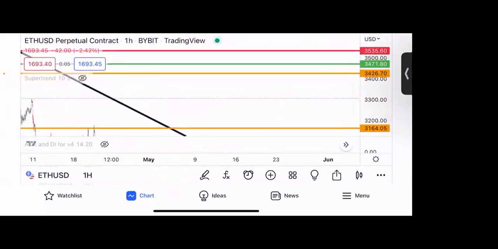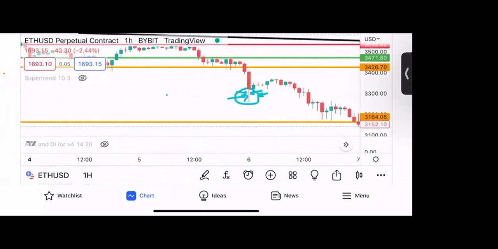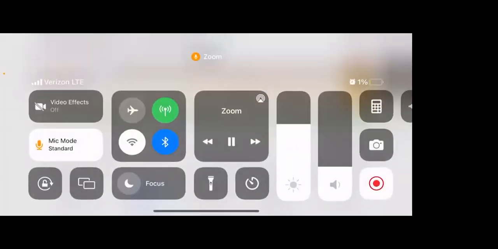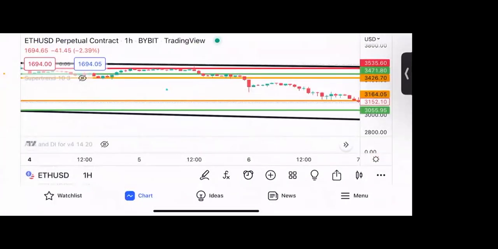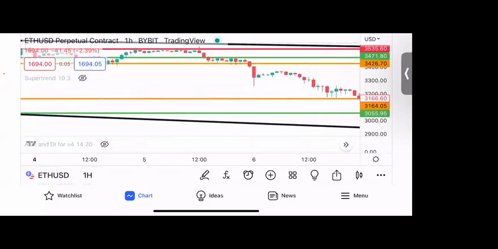Okay, right here. Now, these yellow lines that you saw me draw. Let me delete this real quick, just so I can mark it up. So the yellow lines that you saw me draw on this, okay?